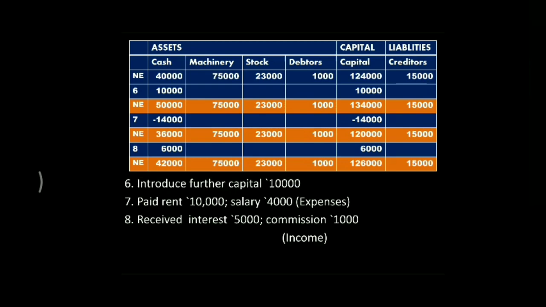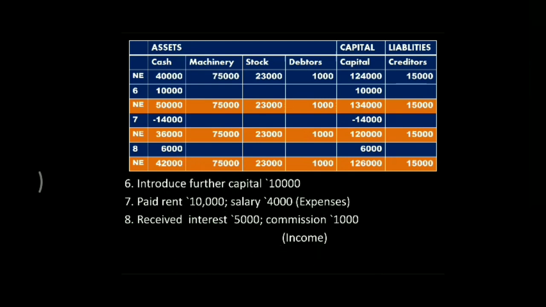And received interest 5,000, commission 1,000. So these are income. Income increases cash and increases capital. So 5,000 plus 1,000, total income of 6,000. By 6,000 cash is going to increase, and by 6,000 capital will also increase.